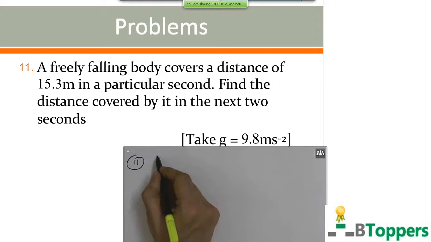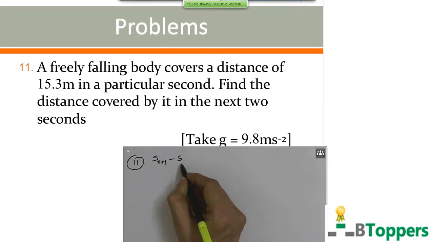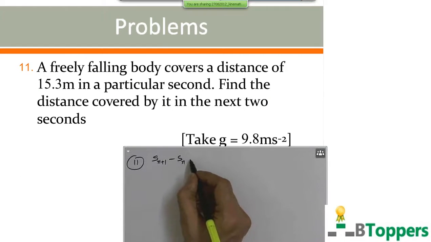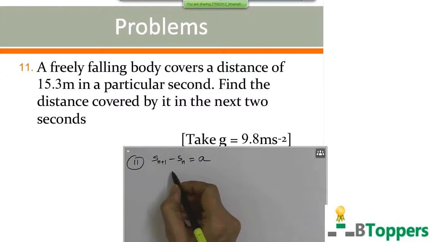As I discussed previously, for a body moving in a straight line path with constant acceleration, the difference between the displacement covered in the n plus 1th second and the displacement covered in the nth second is numerically equal to the acceleration.